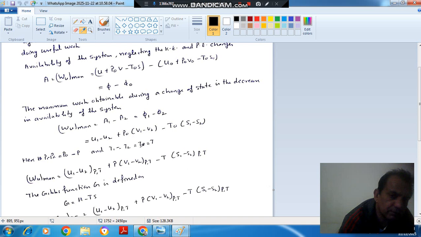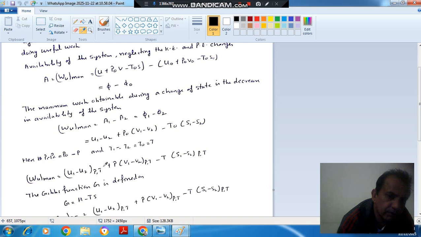As pressure is constant, temperature is constant, so we can write it as U1 minus U2 at constant pressure plus P times V1 minus V2 at constant pressure, taking P naught as P and T naught as T, minus T times S1 minus S2 at constant pressure.